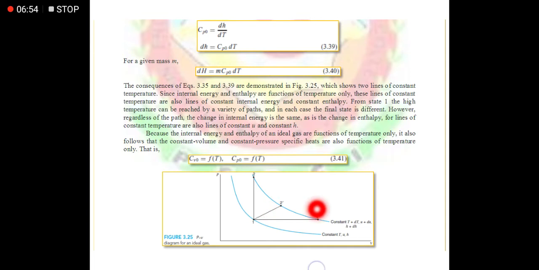So ibig sabihin, pwedeng tatlo yung path mo for you to be able to find the change of temperature between these two variations of temperature.